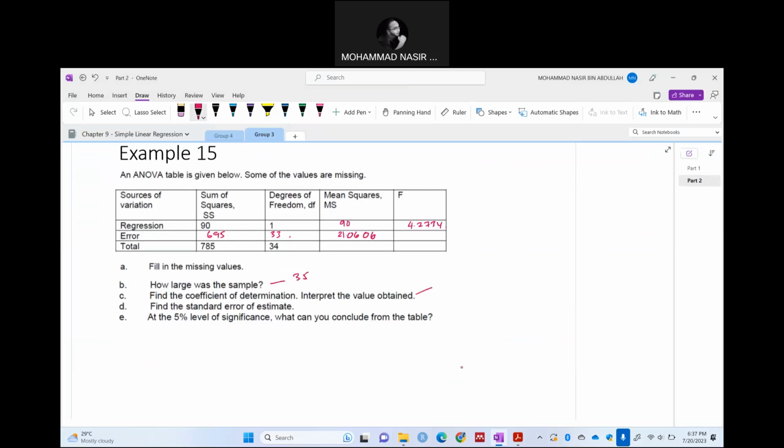So how to find the coefficient of determination from the table?